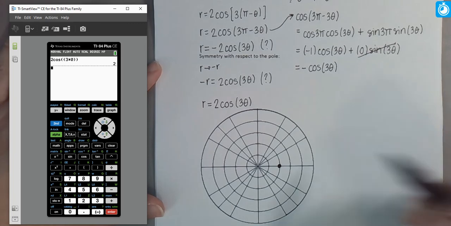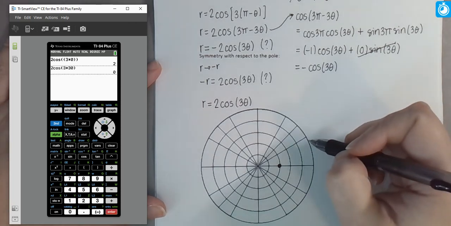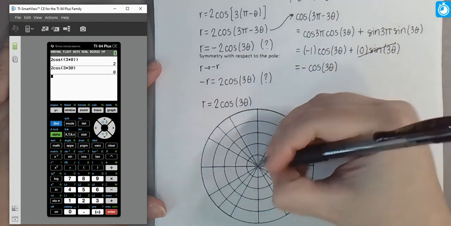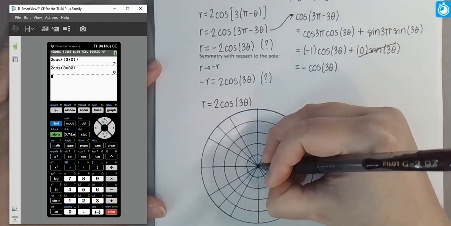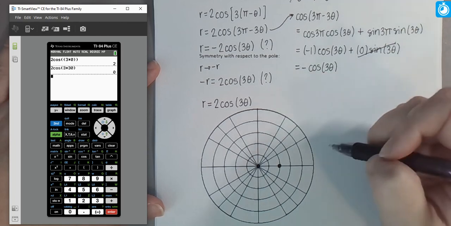Now we go to 30 degrees, pi over 6 radians. So 2 times the cosine of 3 times 30 degrees, and that's going to take us to 0. So at 30 degrees, we're at 0. Now it may help to know what happened in the middle.